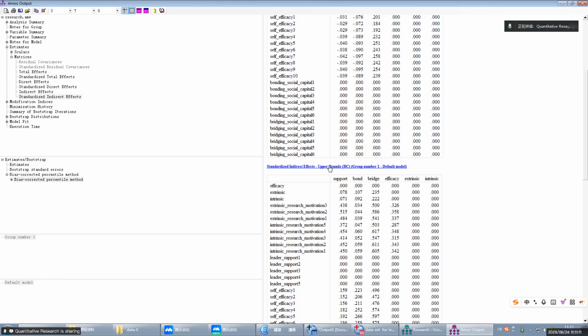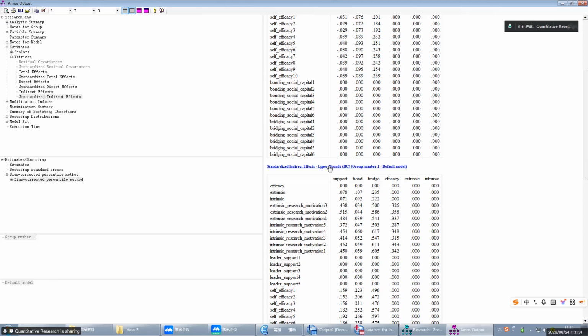Because it's a range, when this range includes 0, mediation is not significant. When this range does not contain 0, the mediation is significant.